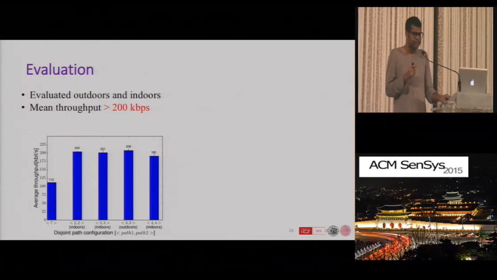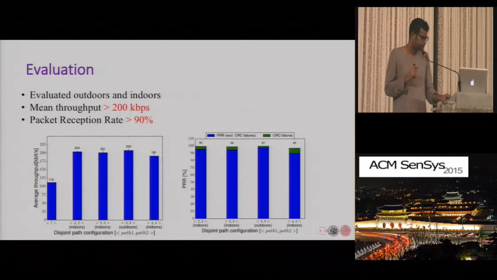The 7 indicates the performance of the DPT protocol over a single path. For almost all our experiment instances, we achieve a throughput greater than 200 kilobits per second, which is better than all the state-of-the-art bulk transmission protocols. We also achieve a packet reception rate greater than 90% in all the instances of our experiment.